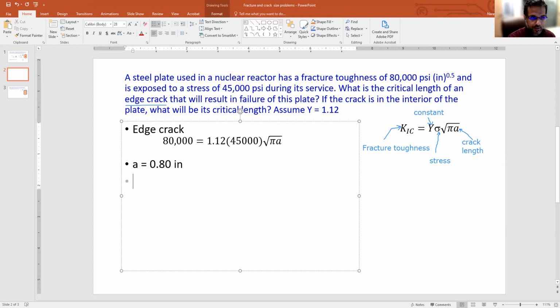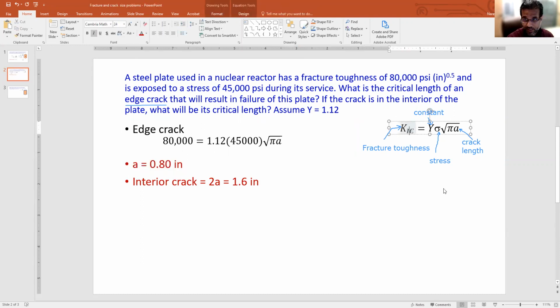Remember, interior crack length is 2A. Once you have found A, the interior crack length is 2A, which is 1.6 inches. So that is, again, a simple direct application of the fracture toughness equation.